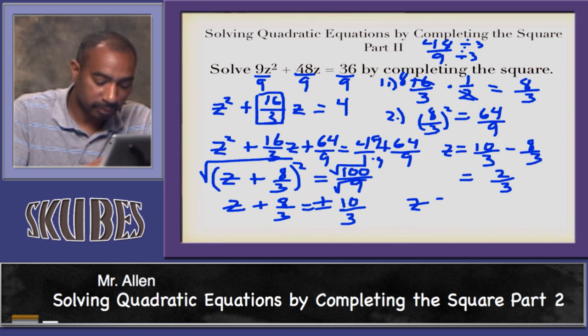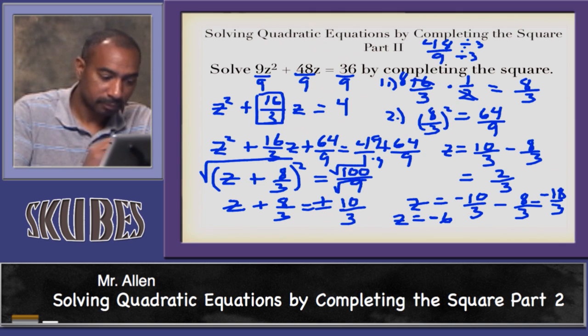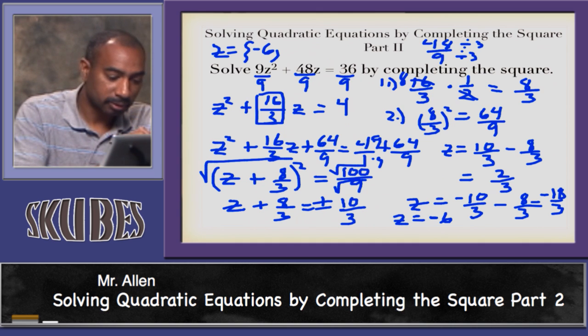And z could also equal negative 10/3 minus 8/3. It gives me negative 18/3. That means z could be negative 6. So z is negative 6 and 2/3 are the solutions to this.